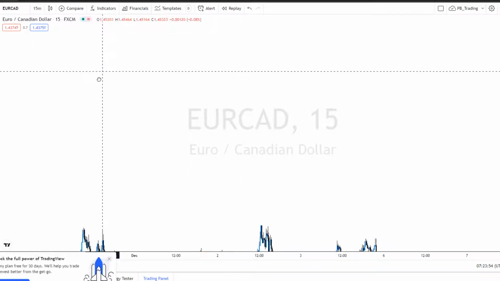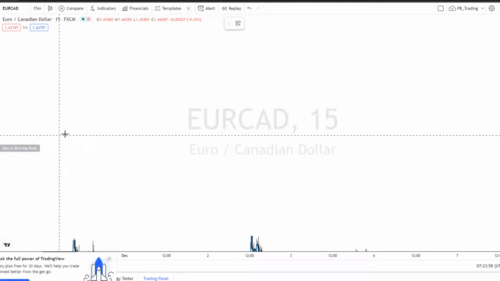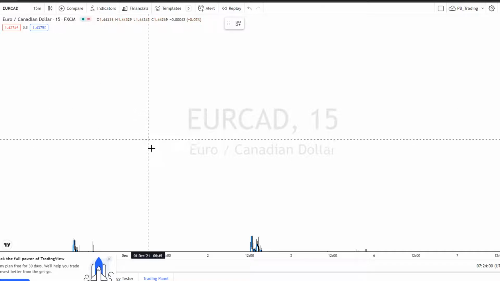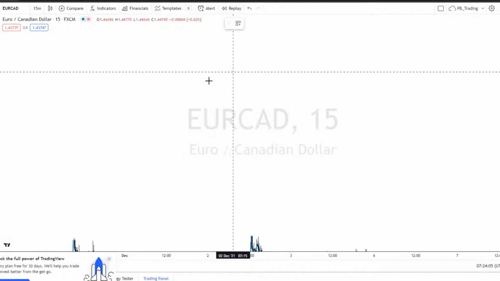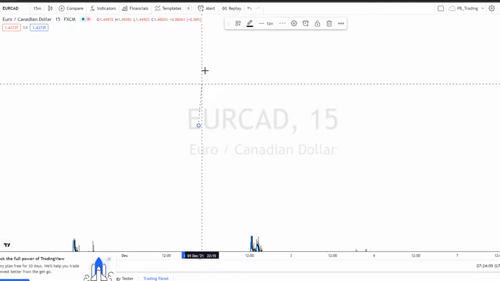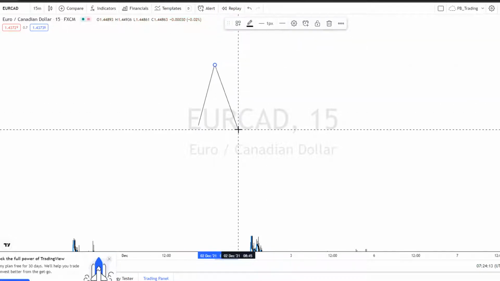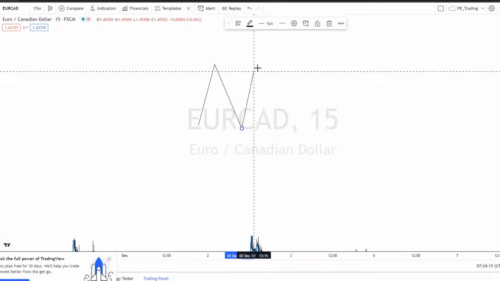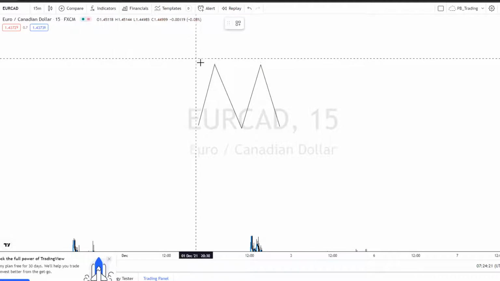Okay. Now, anytime you have price making equal highs, just like we have here. So we have equal highs here. Price has made quick equal highs here.